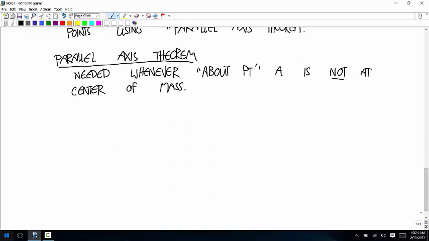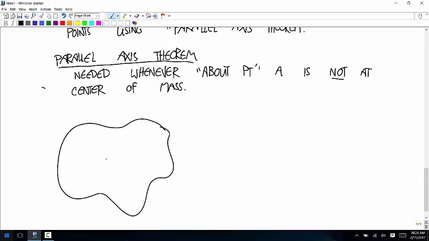So here's the idea of the parallel axis theorem. Say that you have some arbitrary shape. So this works for any object. And let's say this is the centroid.